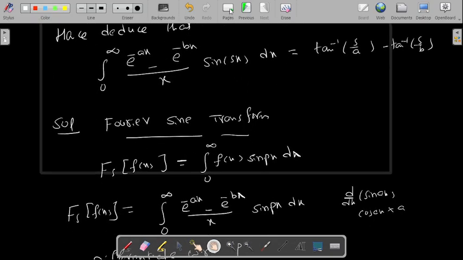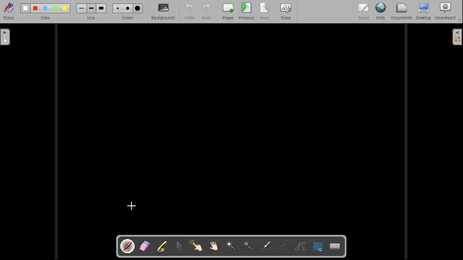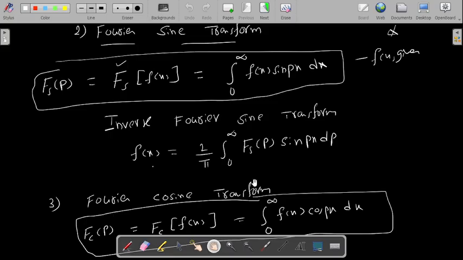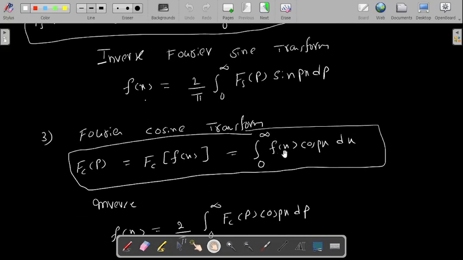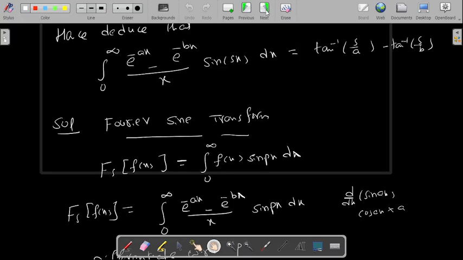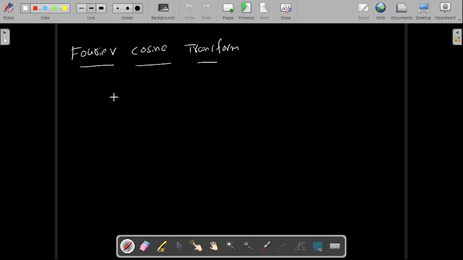So now in the next page, Fourier cosine transform. Again the formula. What is the Fourier cosine transform? Integral 0 to infinity f of x cos px dx. I am only using the formula.